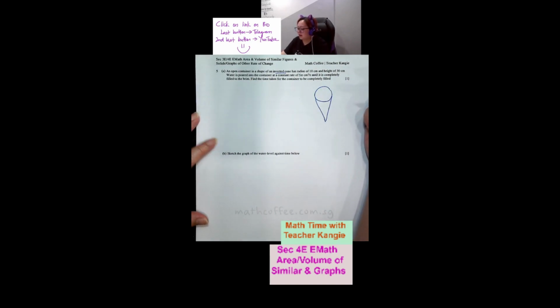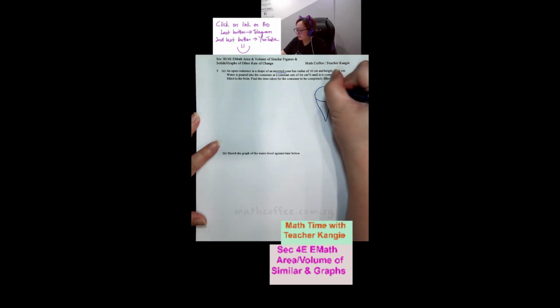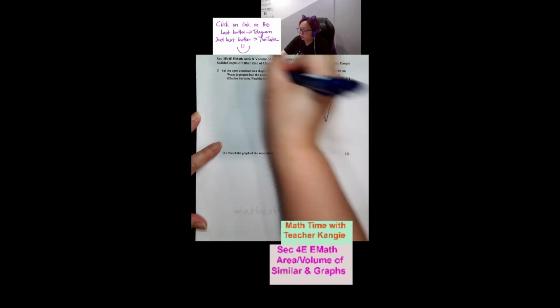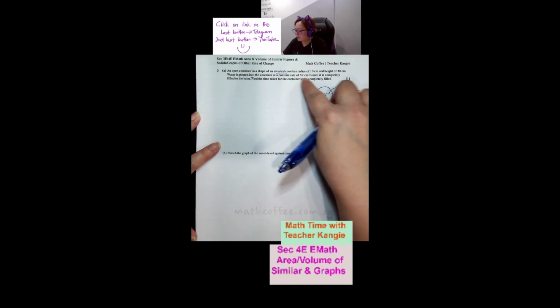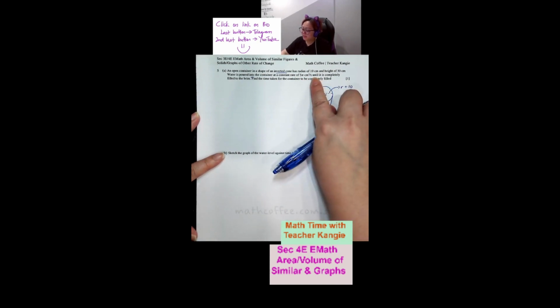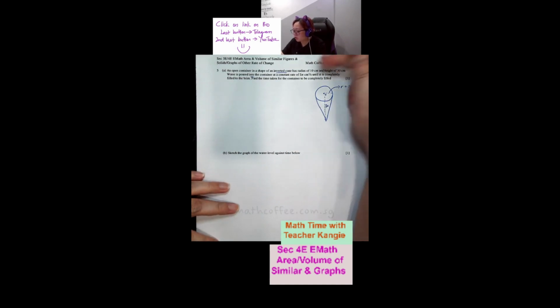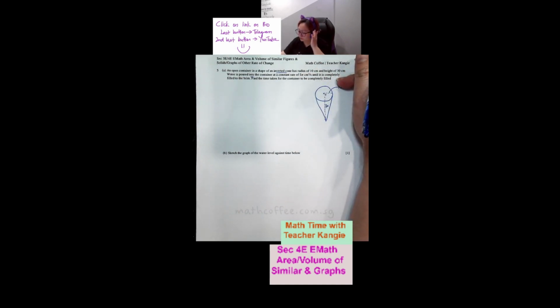They tell us it has a radius of 10 and a height of 30. Water is poured into the container at a constant rate of 5 pi cm cube per second until it is completely filled to the brim. Find the time taken for the container to be completely filled.